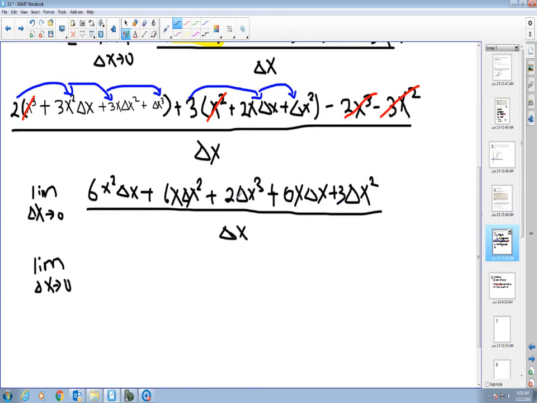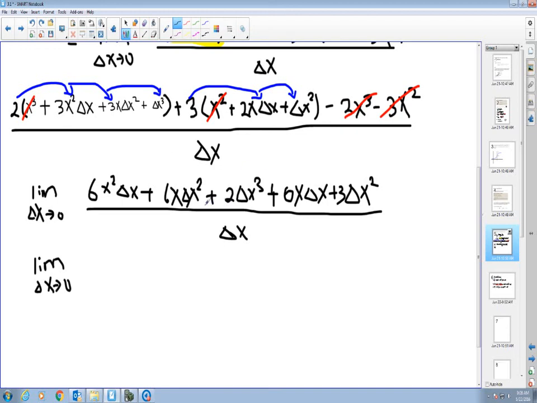Oh, this is not 2. That's supposed to be a 6 right here. Never mind, we were right. It was 2. 2 times 3, 2 times 3, 2 times 1 right here. I'm going to make sure my math is right.